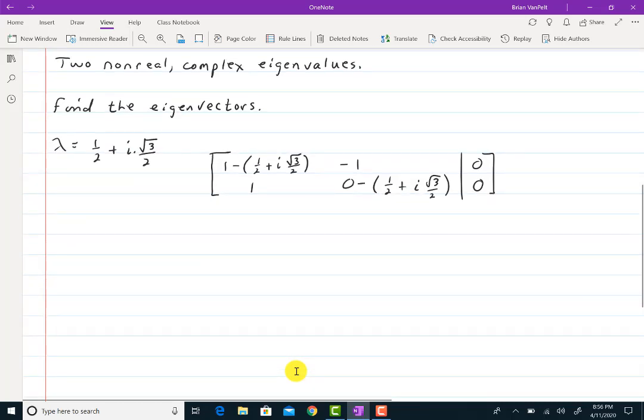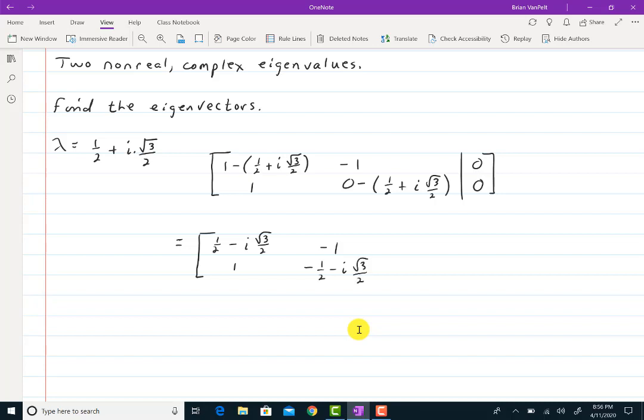Well, let me fix it up a little bit and simplify. For this part here, 1 minus 1/2 will give me 1/2, but then I'll have minus i times radical 3 over 2. I have a 1 here, I have a -1 here, and then I have -1/2 minus i radical 3 over 2. And don't forget it's augmented with zeros.